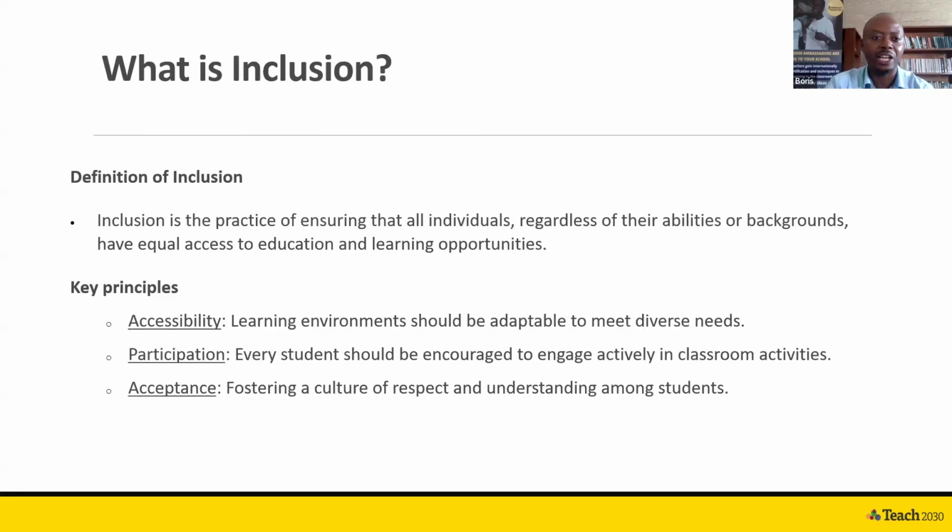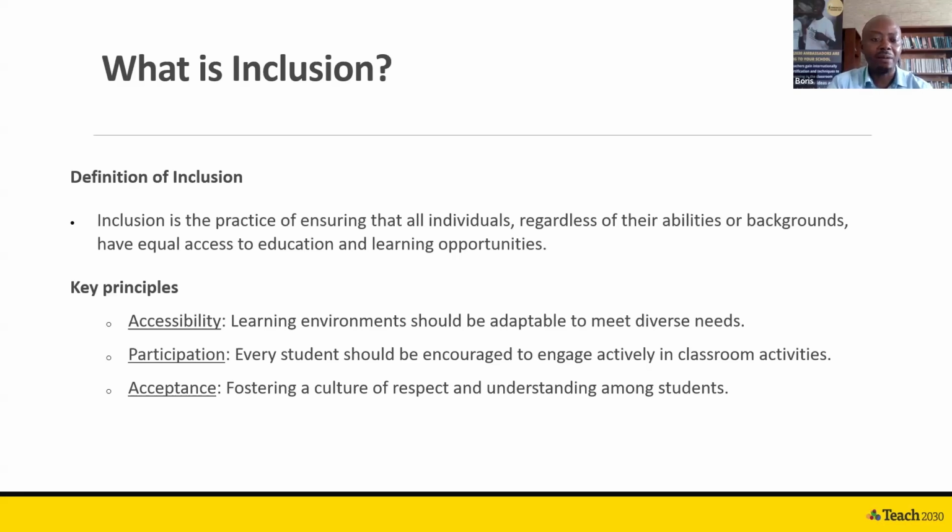What is inclusion? Remember that as Teach2030 and Commonwealth Education Trust, we are also guided by SDG number 4, which talks about ensuring an inclusive and equitable education for everyone and making them lifelong learners. So you see that this topic, inclusion, is very vital.